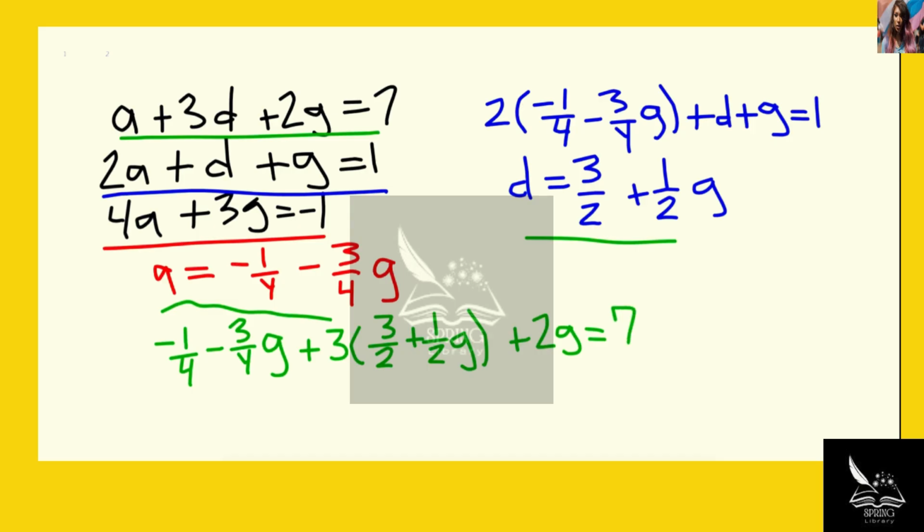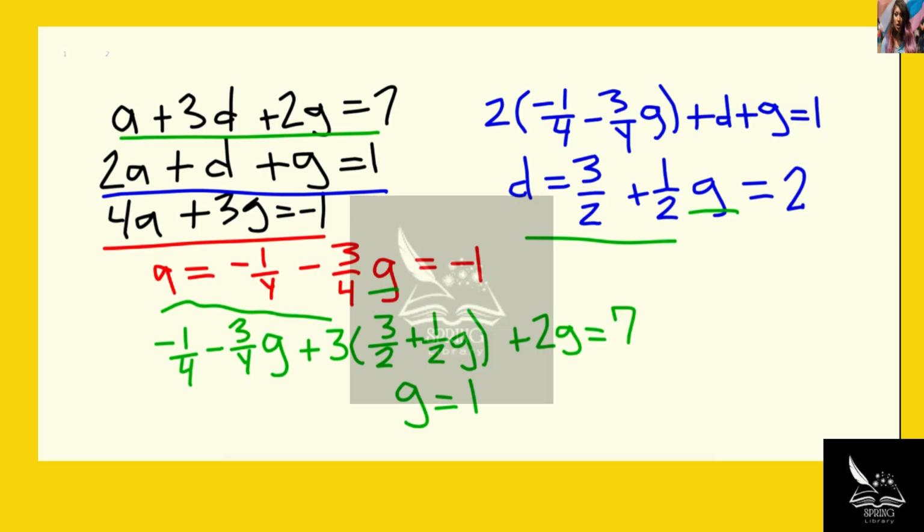And when you go through and solve for G, you'll end up getting that G is equal to 1. Okay, so now that we know that G is equal to 1, we can put that here in D and here in A to find out that A is then equal to -1 and that D is then equal to 2.